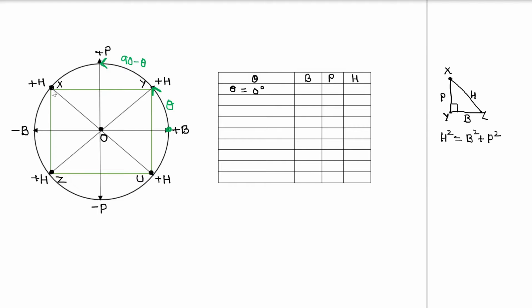I repeat, the rectangle X, Y, U, Z is the rectangle that I am talking about. And then let me label some more points here. So let's say this point is V and this point is W.